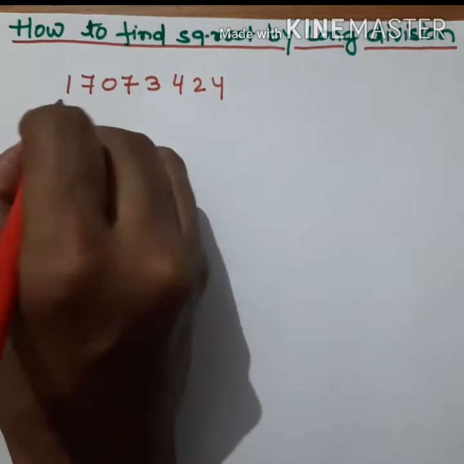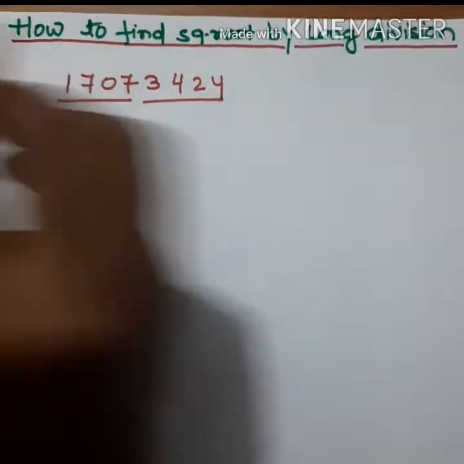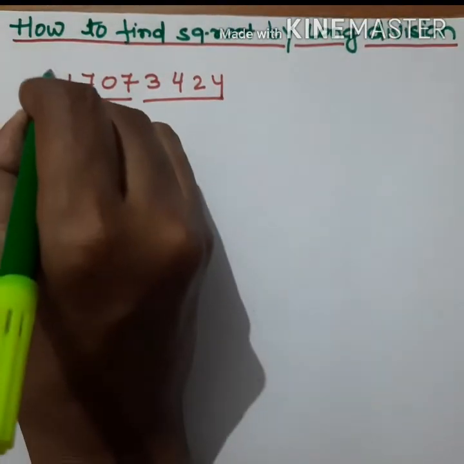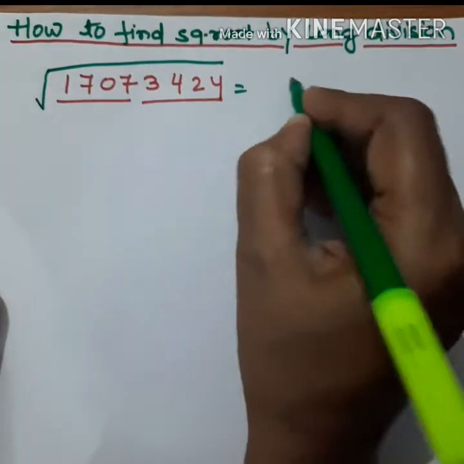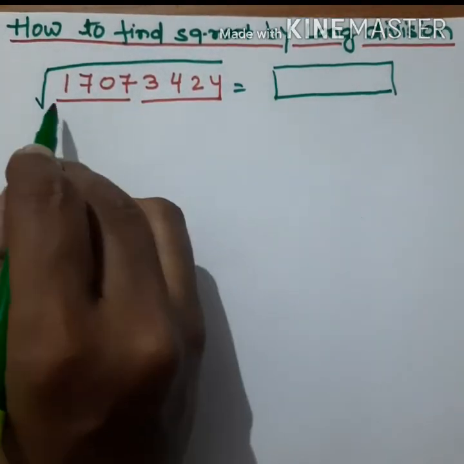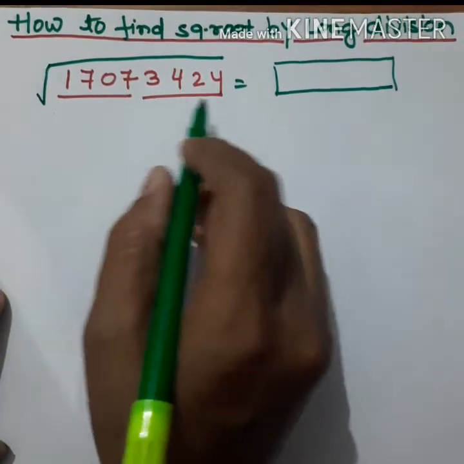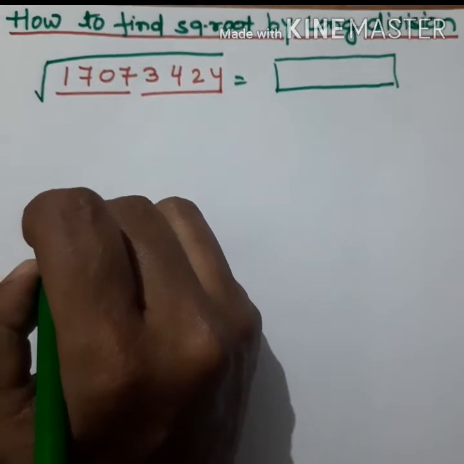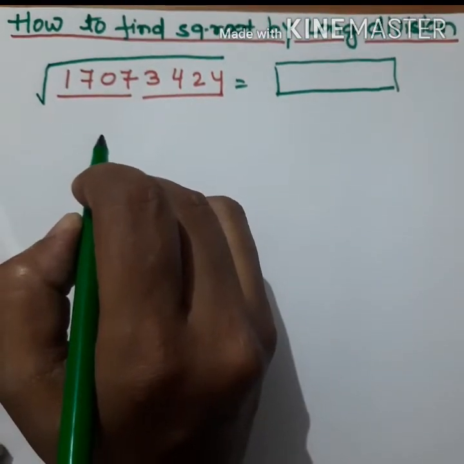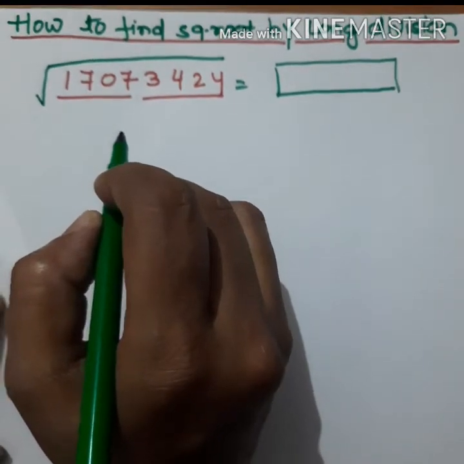I have taken this number to find square root by long division method. You have to find the square root. How much is the square root of this particular number? Now this is a big number. We don't know whether this is a perfect square or not. So the most convenient method is to do this sum by long division method.